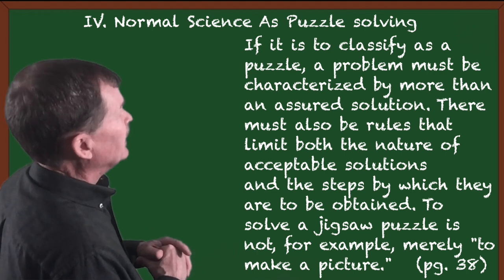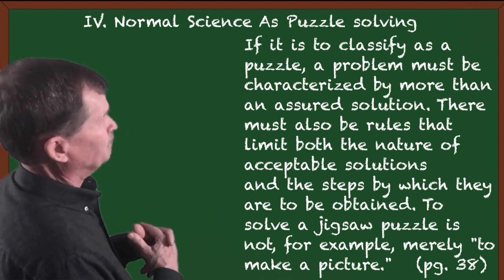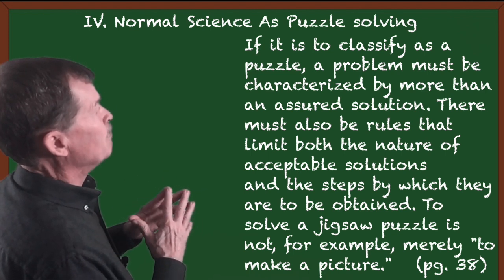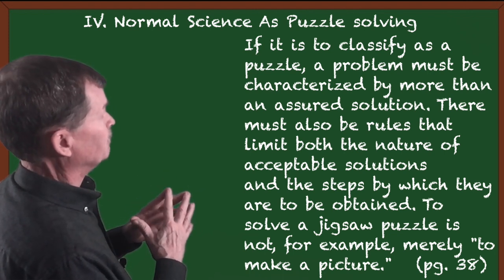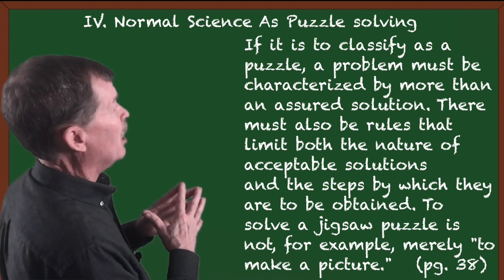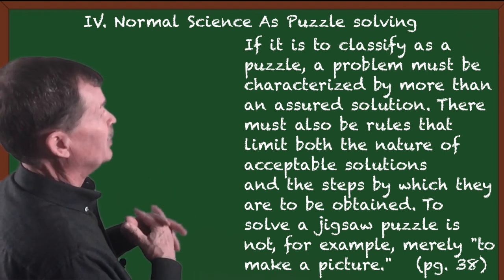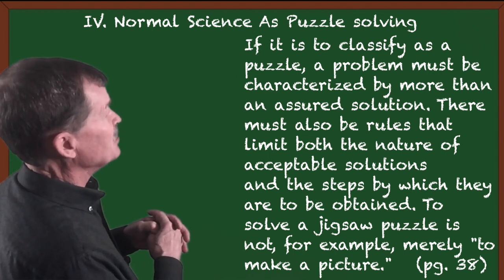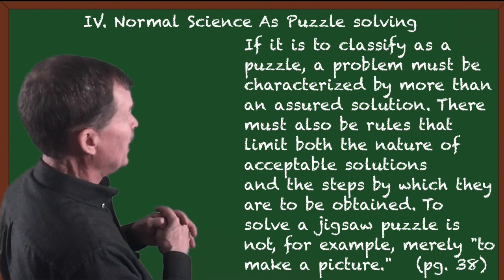If it is to classify as a puzzle, a problem must be characterized by more than an assured solution. There must also be rules that limit both the nature of acceptable solutions and the steps by which they are to be obtained.